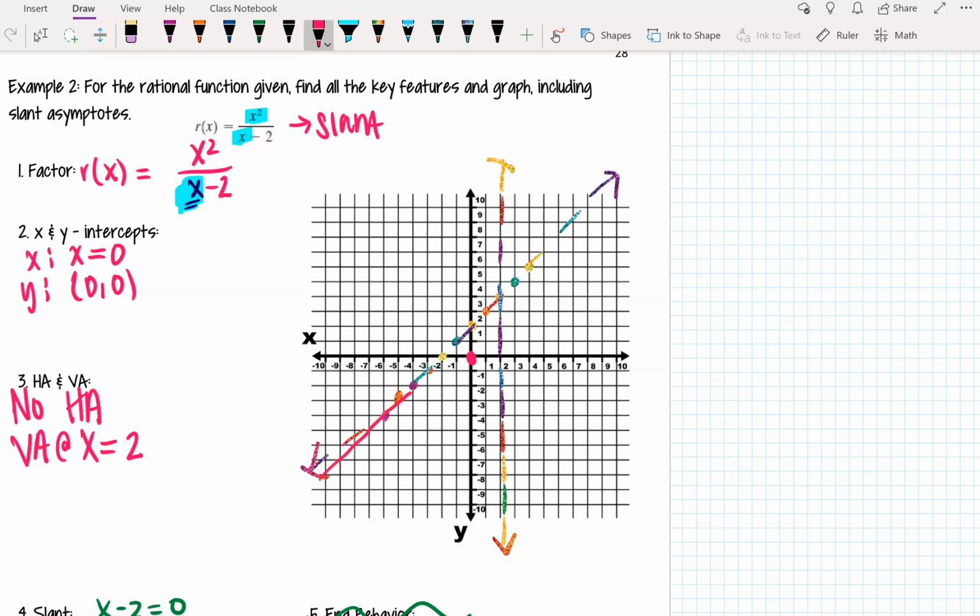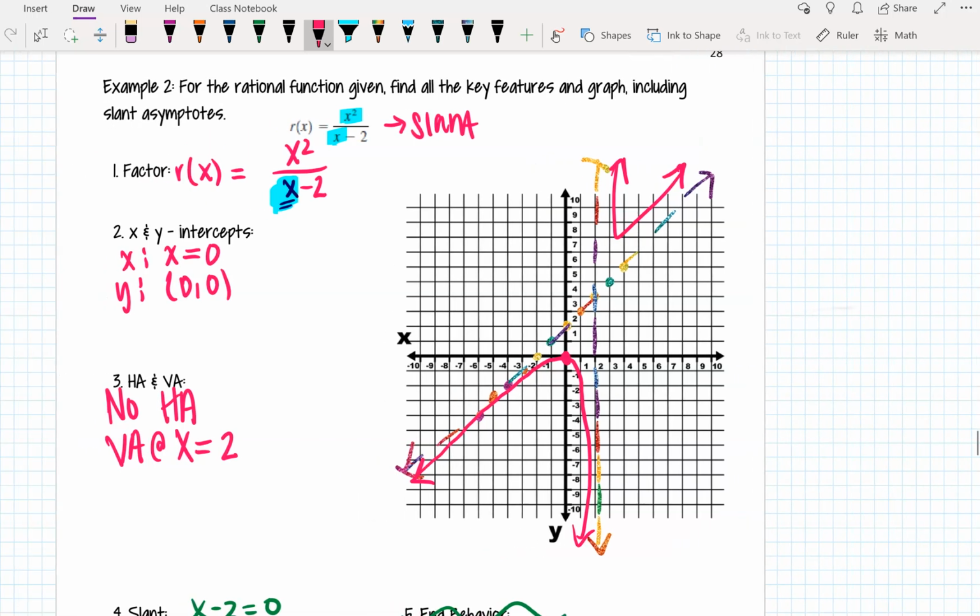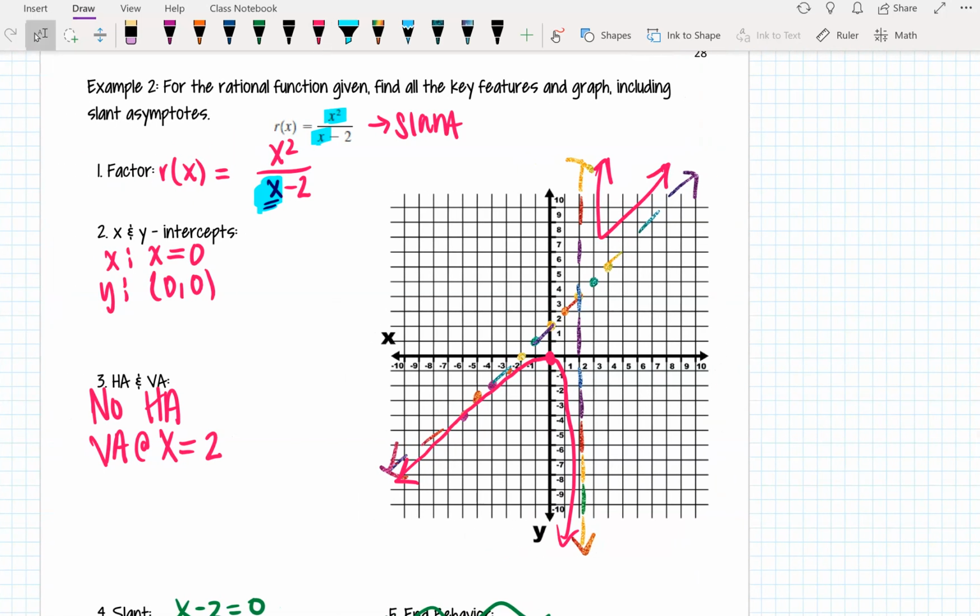So when I draw my line, it's going to go through and then approach the other two lines. And then up here, again, you can get as close as you can and graph it. If you plug this function in your calculator, it should look just like that. So use the points you have, use your asymptotes to help you figure out where your function is going.